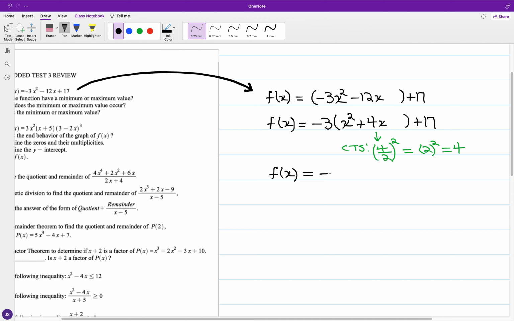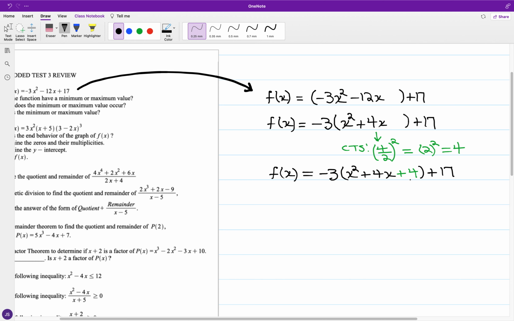So we now have f of x is equal to negative 3 times the quantity of x squared plus 4x plus 4, followed by the addition of 17.